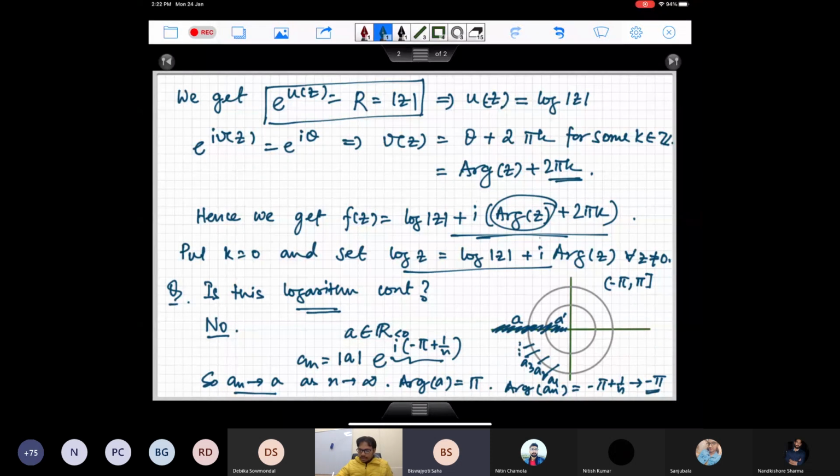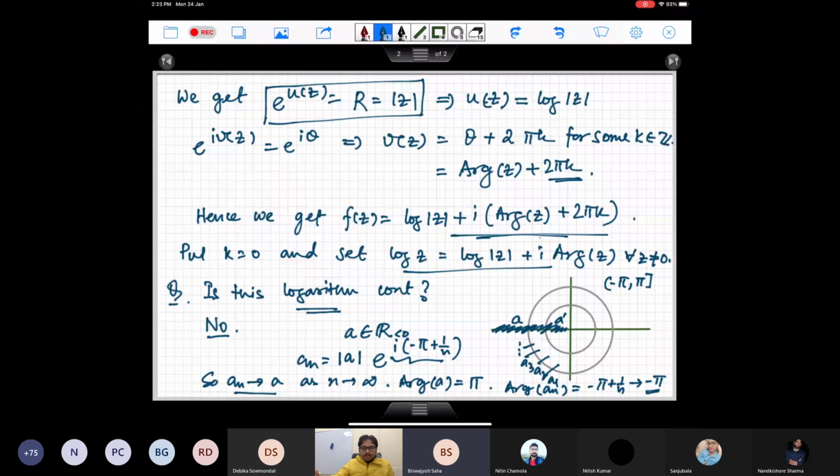If I don't take the principal argument but take some argument plus 2 pi k for some integer k, will that make the logarithm continuous? No, sir.